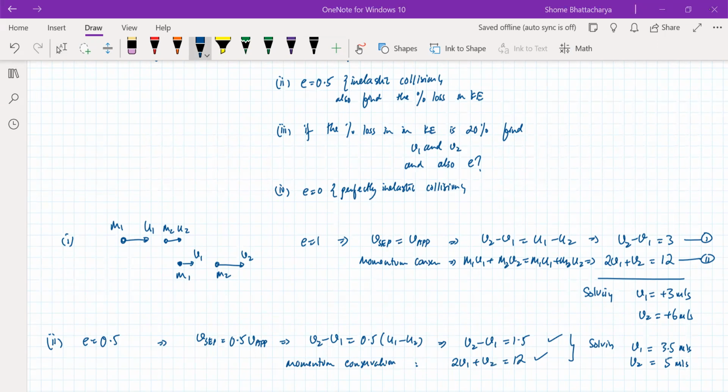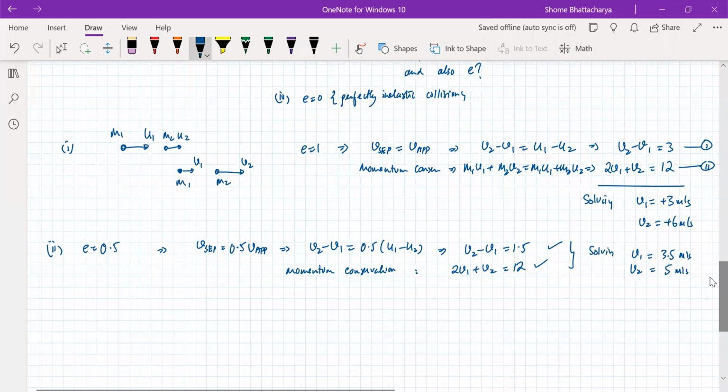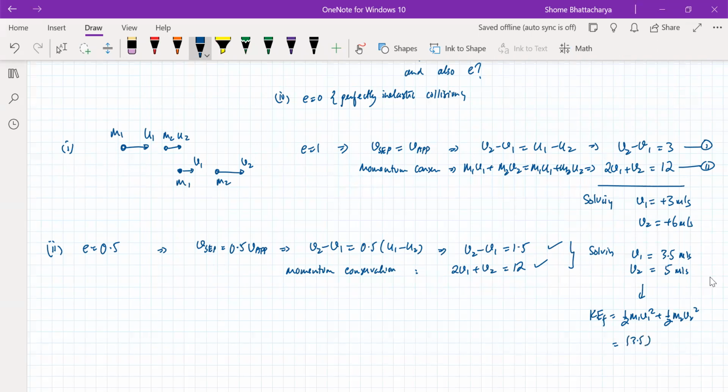Now from this, you can see the percentage loss in kinetic energy by calculating the final and initial kinetic energy. The final kinetic energy of the system will come out to be 3.5 square plus 5 square by 2.